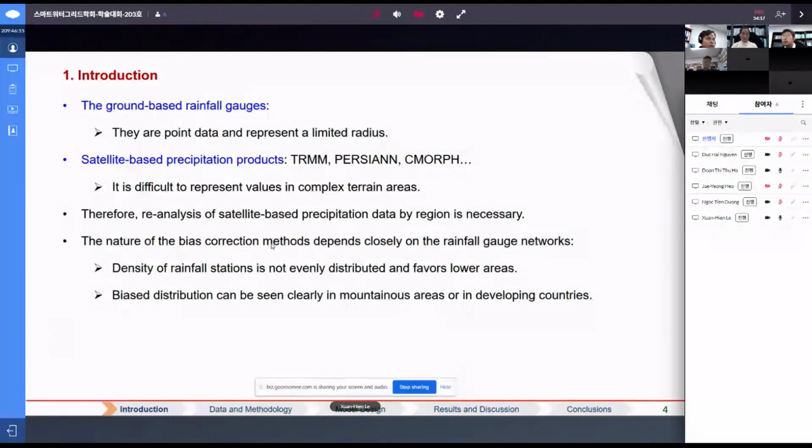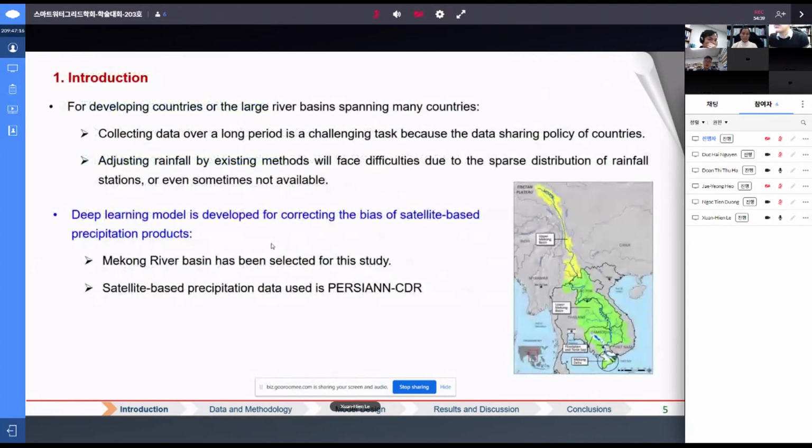However, the best correction method depends on the density of the rainfall stations, and the bias distribution can be seen clearly in mountainous areas, especially in developing countries. For a large river basin, for example, spanning many countries, collecting data over a long period is a challenging task, and adjusting rainfall by existing methods will face difficulty due to the spatial distribution of the rainfall stations.